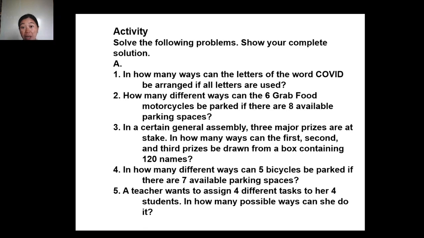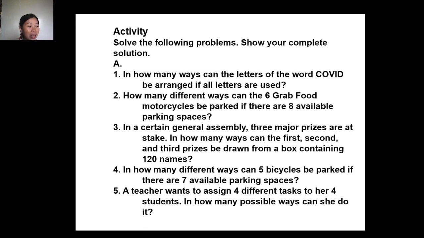In how many ways can the first, second, and third prizes be drawn from a box containing of 120? So, analyzing naman yung problems from 1, 2, 3 hanggang 5. Etong mga problems na ito sa letter A ay under siya ng distinct arrangement.